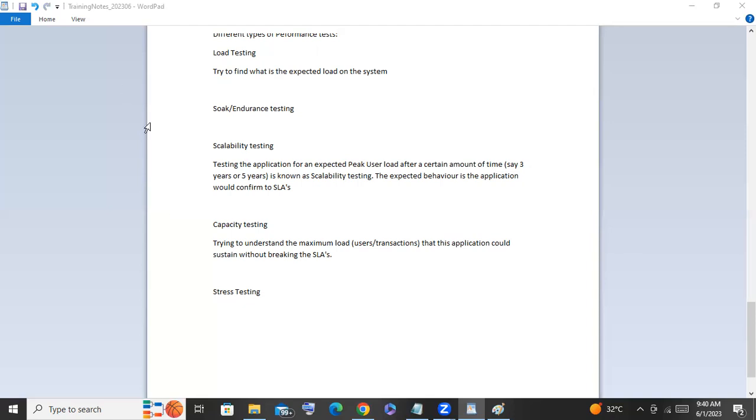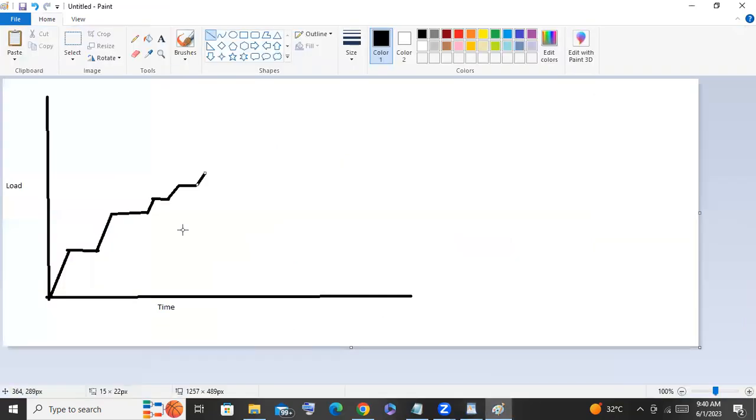I was in the middle of a question, right? You have reached 10,000 users, and at 10,000 users you are seeing that the application is starting to break the SLAs. Then would you stop the capacity testing? Is that what your question is? Yes.